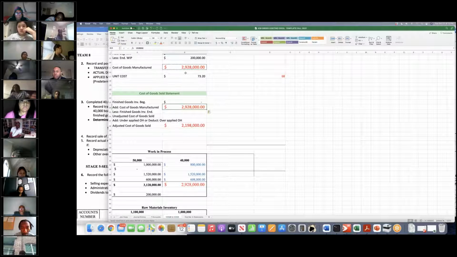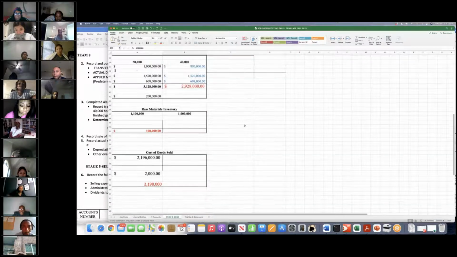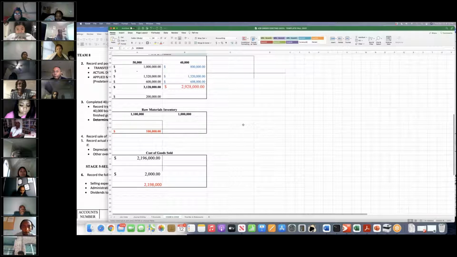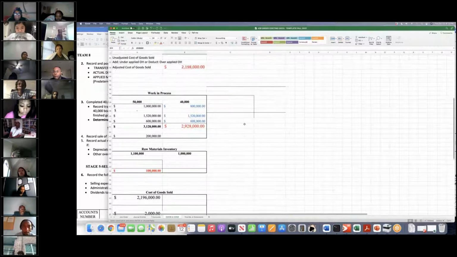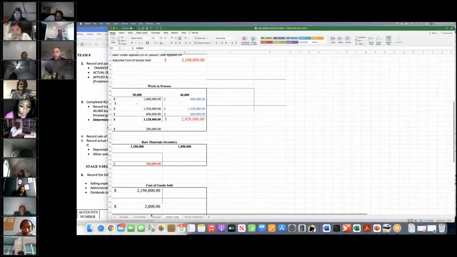So we just bring that number down. Then we had a finished goods inventory in there at the end, right? So we'll have to go down to the T account, see if we can find that.